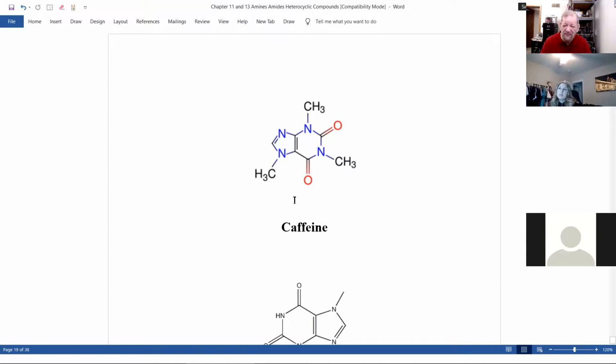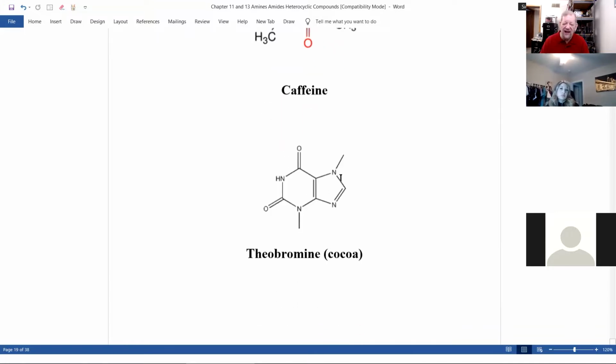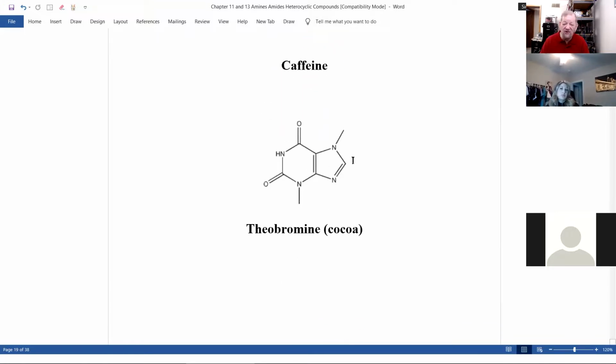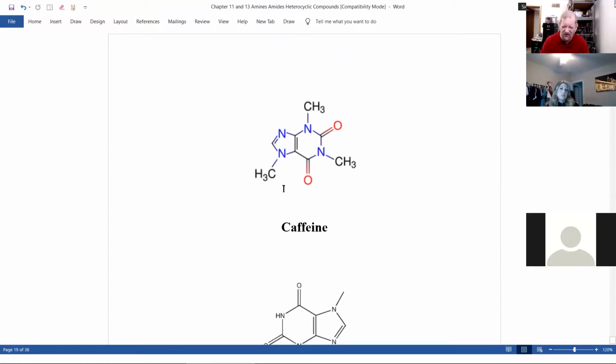At one time, I was drinking about 10 cups of tea a day, which was high in caffeine. When I cut back to 2 or 3, I felt it. And some people get addicted to chocolate, because their body gets addicted to this molecule the same way it gets addicted to that.